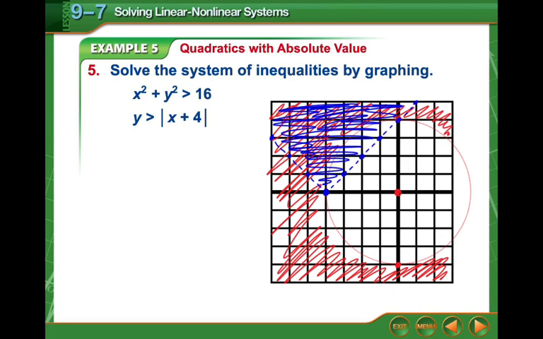Now it keeps going on forever, right? But for our graphing purposes, it's everything outside of the circle and above the blue dotted line. That's up here in purple now. And there we go.